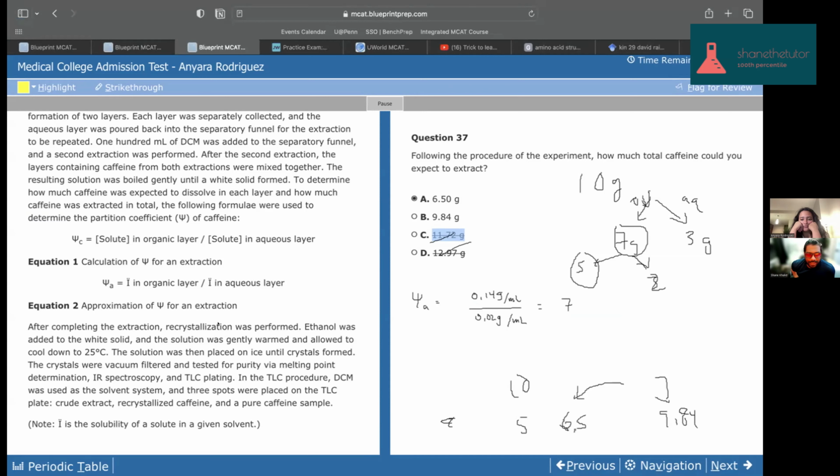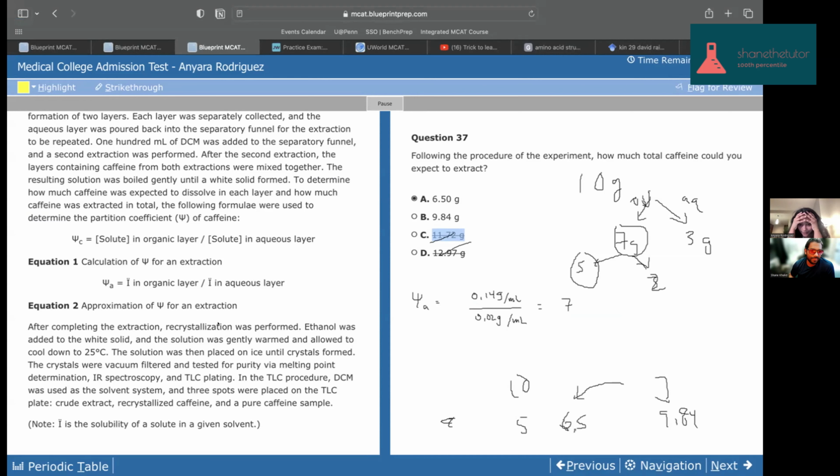Since they're using that organic layer twice to do the extraction, to get how much caffeine was extracted in total, you would get something that can't be greater than 10, but it will be closer to 10 than to the 5 or something smaller because of that partition coefficient.